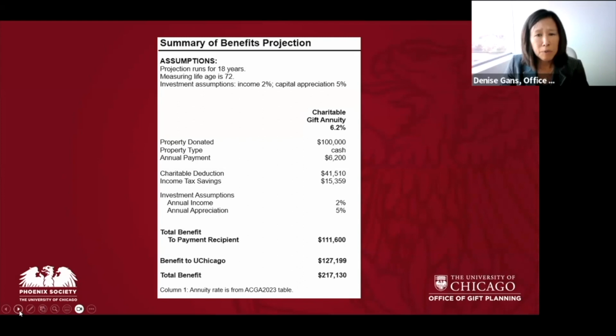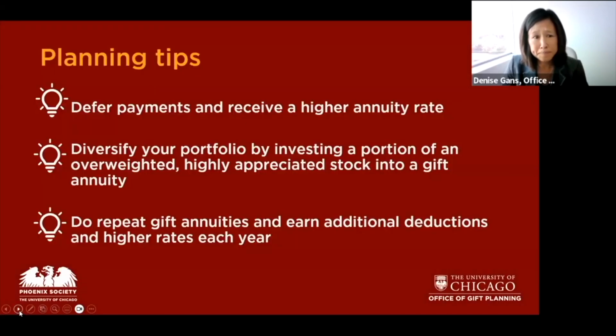Here are a few planning tips, if you can go to the next slide, that can really further amplify the benefits of a charitable gift annuity to you. So if you fund a gift annuity and you defer the payments until later, you will receive a higher gift annuity rate.